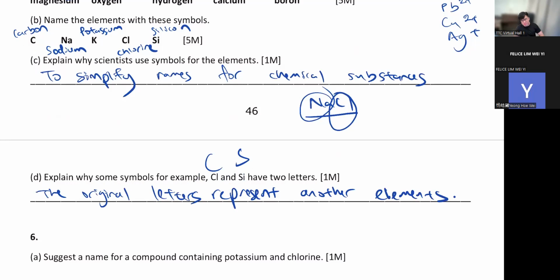Like S, they represent sulfur already. So you cannot just use S anymore. So they just say Si. This periodic table, I can tell you story for the whole day, but I'll leave it for you for Form 4.